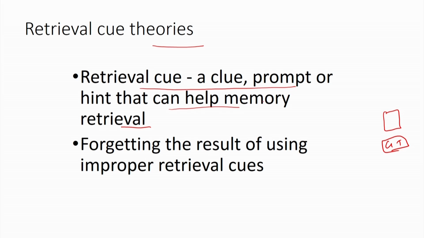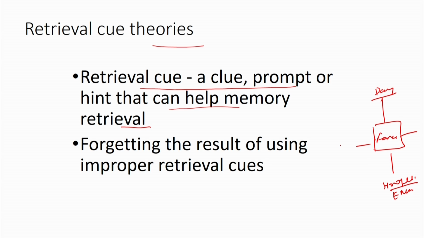So, if the memory that I am talking about is remembering an event, and the event is my farewell, there are 4 cues which can make me remember it. For example, the day in terms of what day it was, or how I felt that day. So, my feeling, my emotion is one way of remembering it, or it could be a party, an after party, which makes me remember it, or some other event at home.